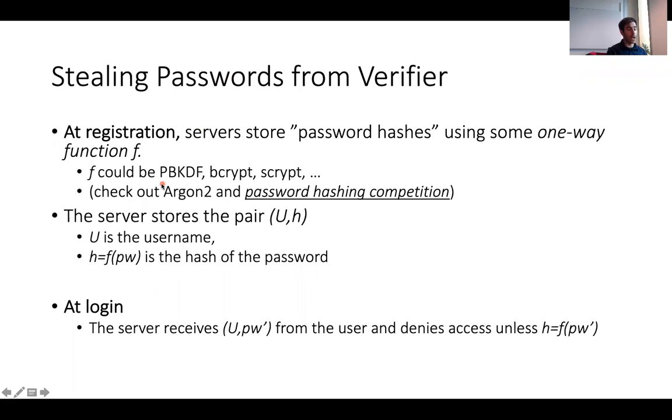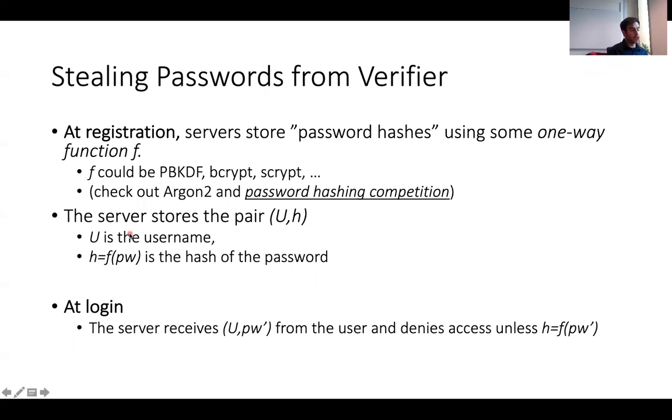We don't use SHA, SHA-2, or SHA-3, but we use specific hash functions which have been designed for password hashing. Those are things like PBKDF or bcrypt or scrypt, which have been explicitly designed for the purpose of password hashing. And we're going to talk more about what this exactly means.